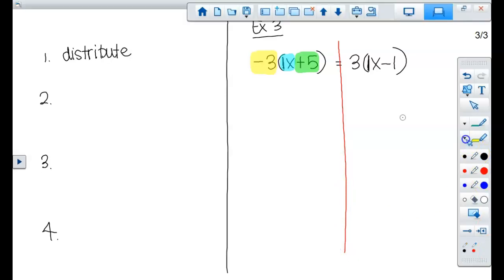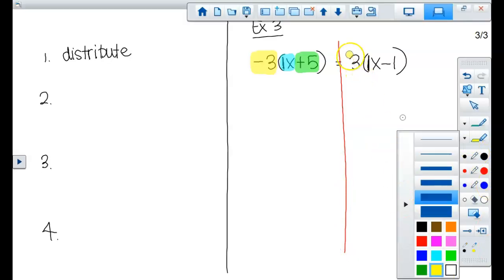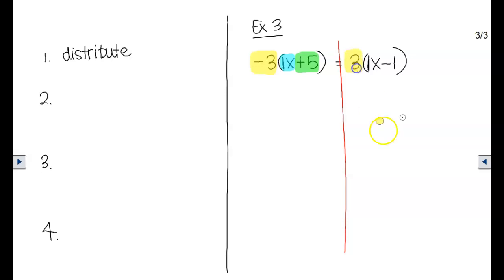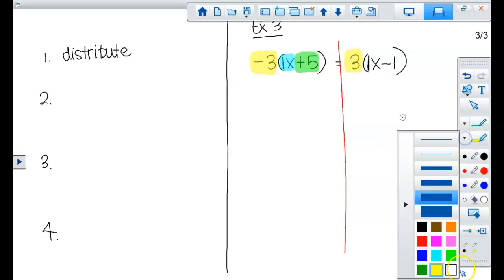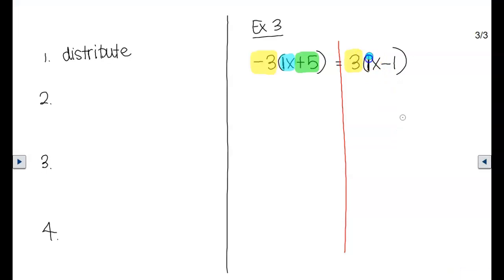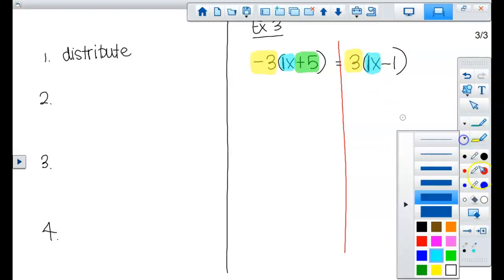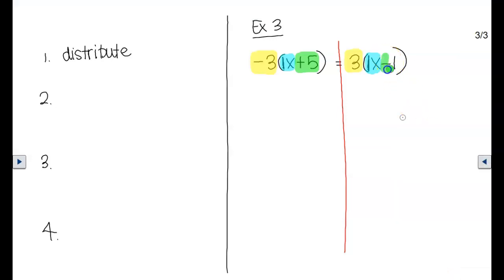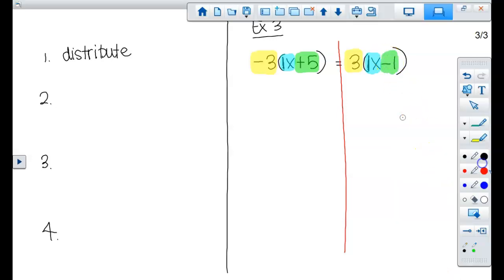How could y'all let me do that? All right, so now here's what we do. We take our number on this side, which is a 3, and he is going to get multiplied by the two members of the group, which are 1x and negative 1. So we're going to distribute on both sides.